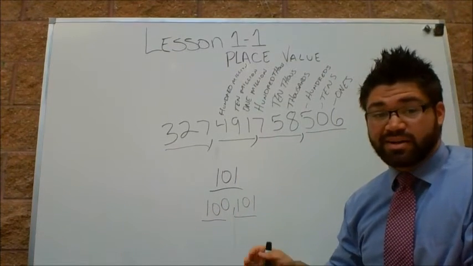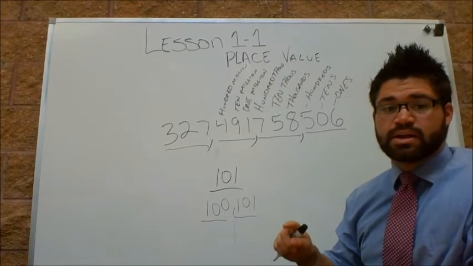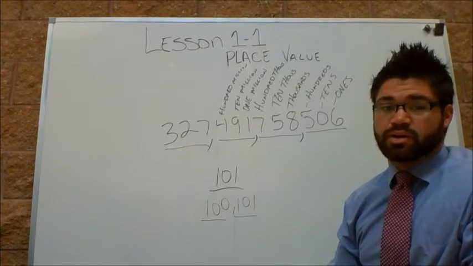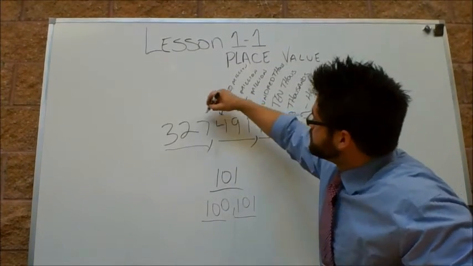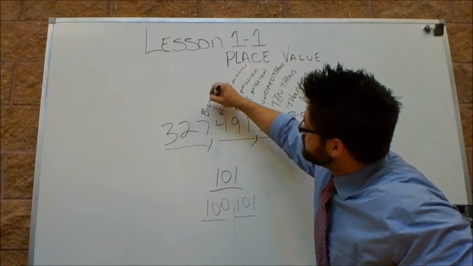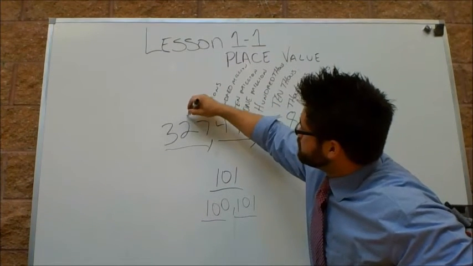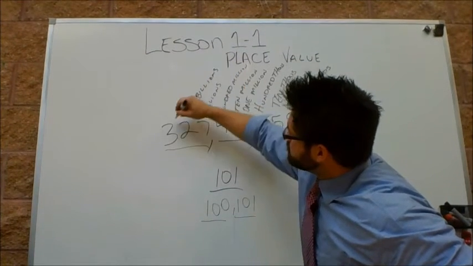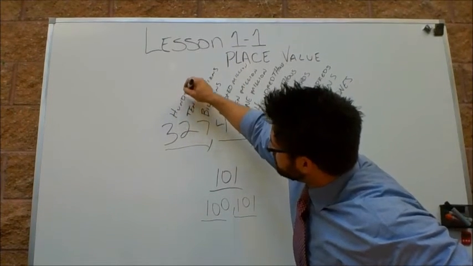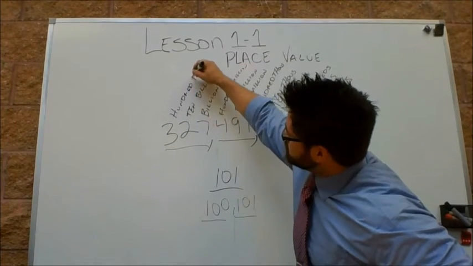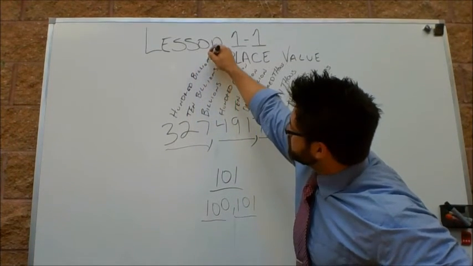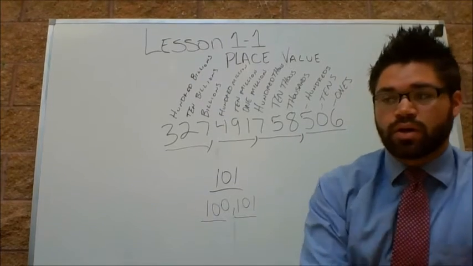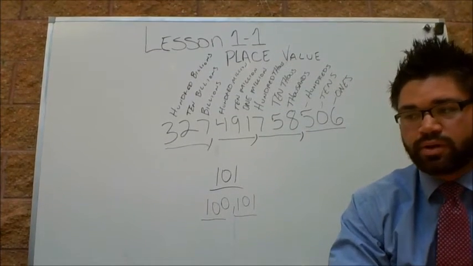So we're going to do the same pattern again. It's going to be billions, 10 billions, and 100 billions. Okay, so those are some place values that we're going to be working with, okay?